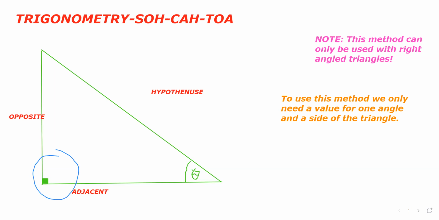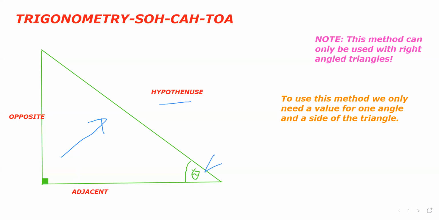Okay, so some real tips now. When you label the triangle, the sides have specific names. Just like before, the side opposite to the right angle symbol is called the hypotenuse. In this method, they incorporate the angle, so you have two other sides that have special names.